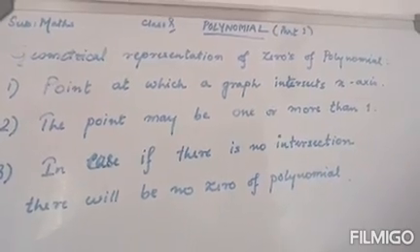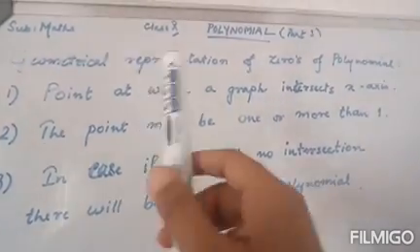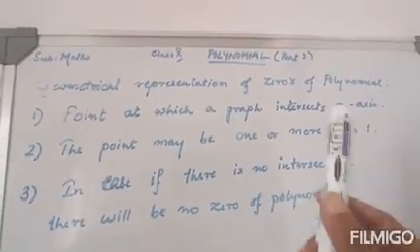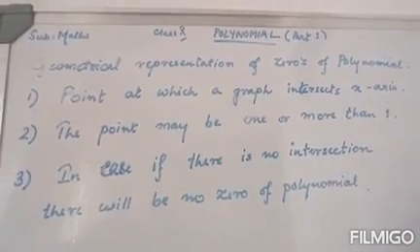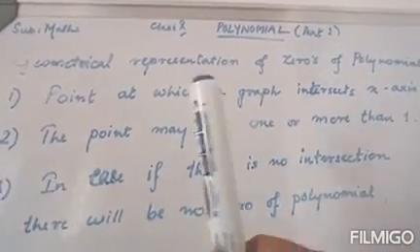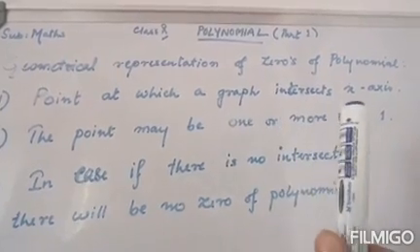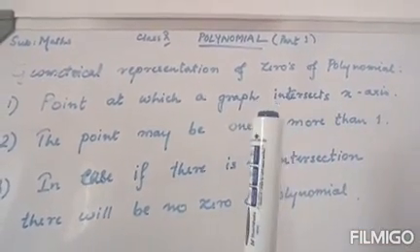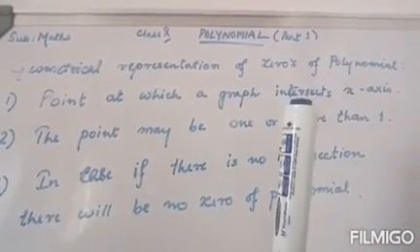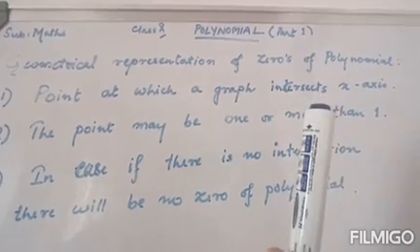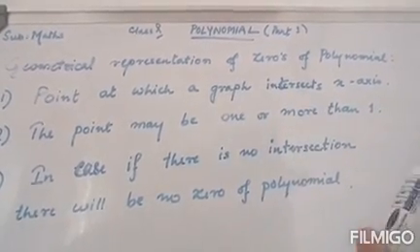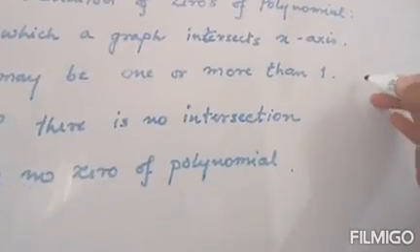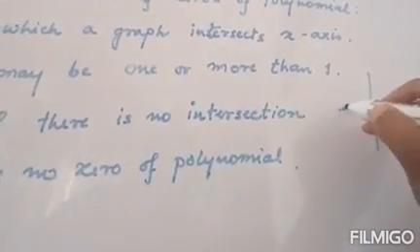From here we can jot down the points as the geometrical representation of zeros of polynomial from the graphs. We have found from the observation that the point at which a graph intersects the x-axis, that coordinate on the x-axis is known as the zero of polynomial. That point can be one or more than one. Suppose I have a graph like this.